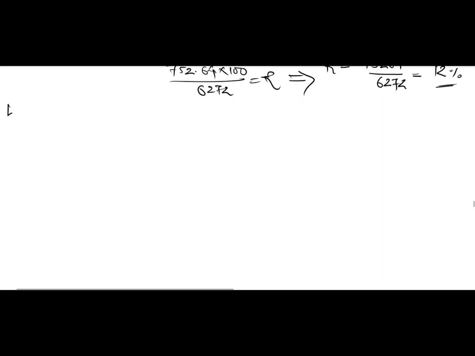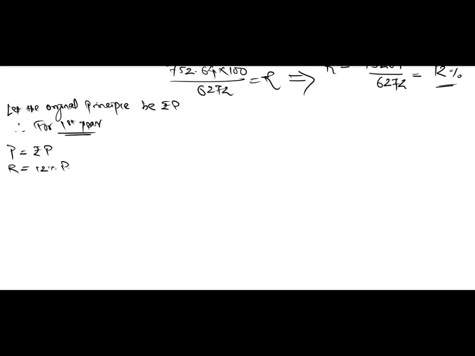Let the original principal be rupees P. Therefore, for the first year, principal is equal to rupees P, rate is equal to 12% per annum, time is equal to 1 year.